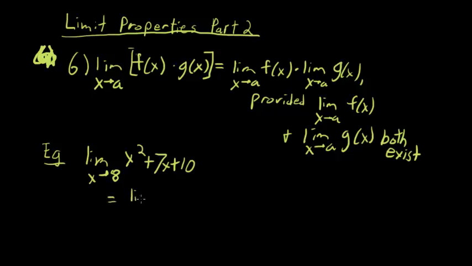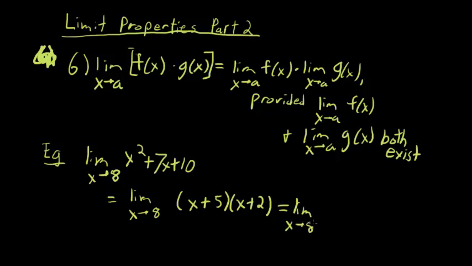And hopefully you'll notice that this is easily factorable to x plus 5 times x plus 2. And this property allows us to evaluate the limits of each factor and then multiply them.